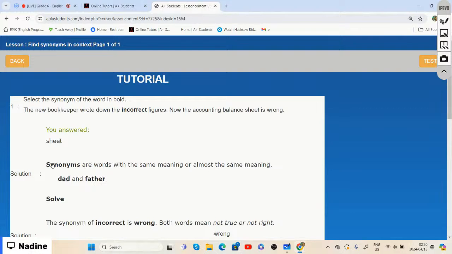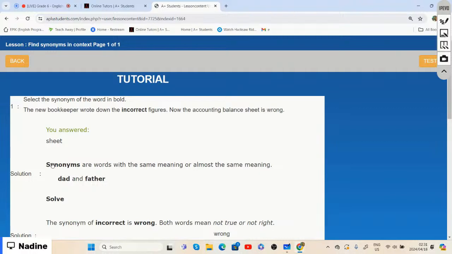And we made a few examples of what those synonyms are.